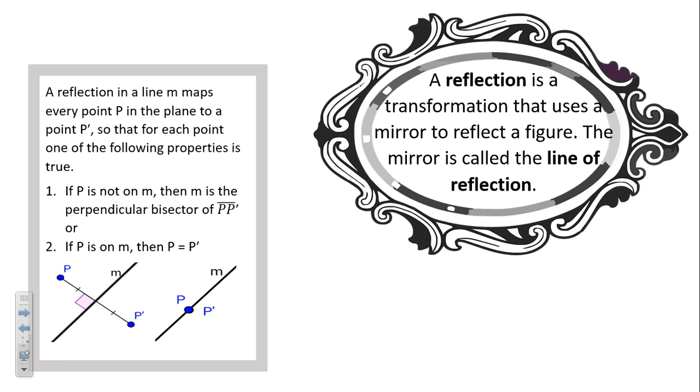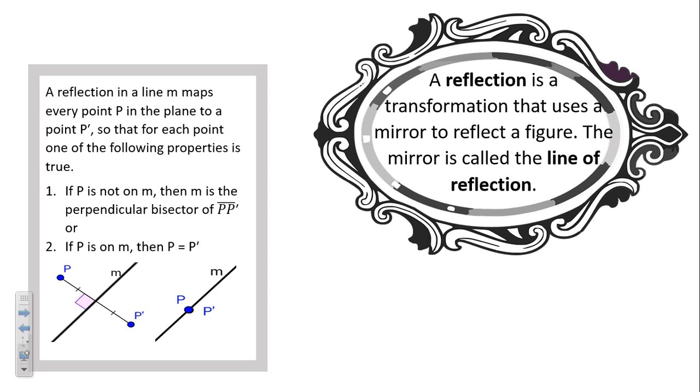And when you also look at this, do you notice the little tick marks? They're the same distance away, aren't they? So they need to be on a perpendicular the same distance away. Now here's the special case. I want you to put a star or a note to draw your attention to this. If P happens to be on line M, then P is the same as P prime.